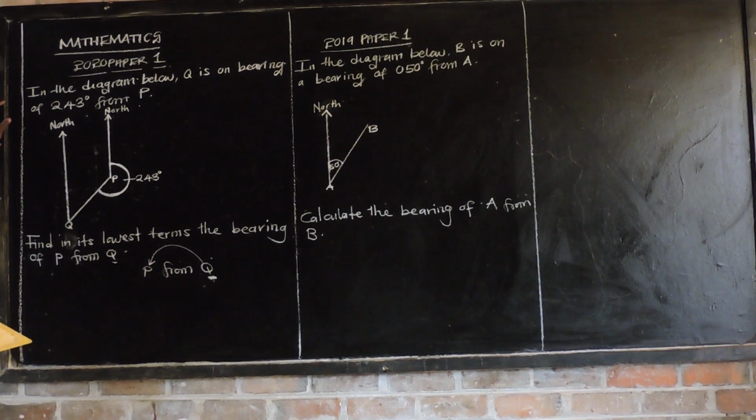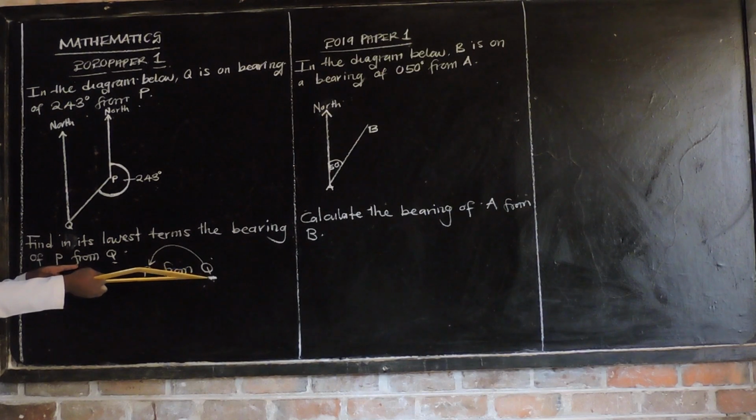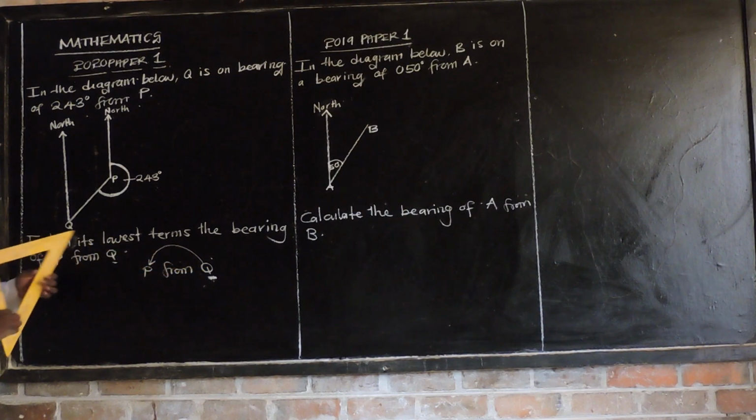Since Q is the point we are starting from, we start from the north of Q, going to P, undergoing a clockwise rotation.